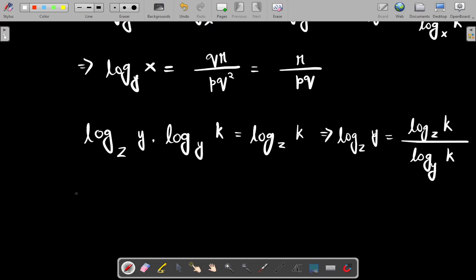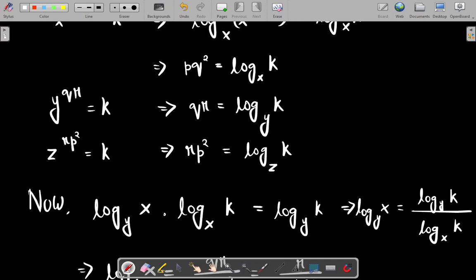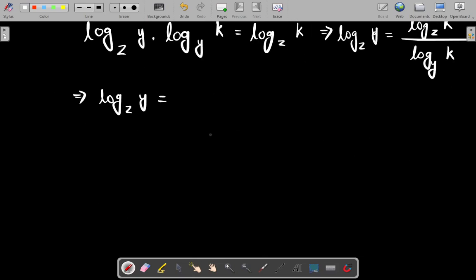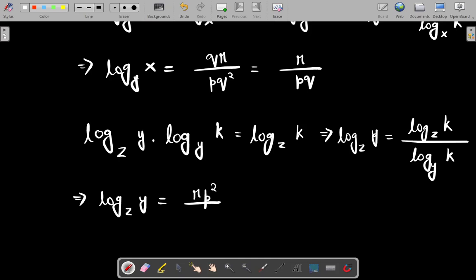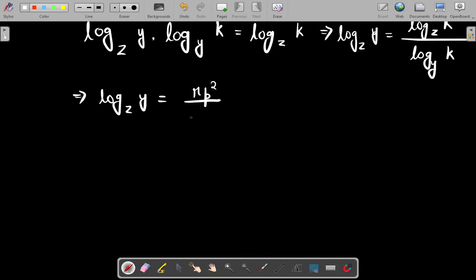So again, log y base z can be written as log k to the base z, which is rp square. So this becomes rp square upon log k base y, which is qr, right? So this becomes rp square upon qr. Okay, so this r and r will get cancelled and this becomes p square upon q.